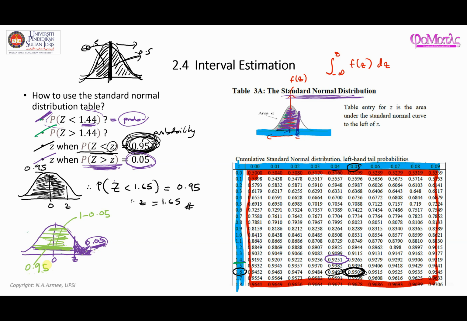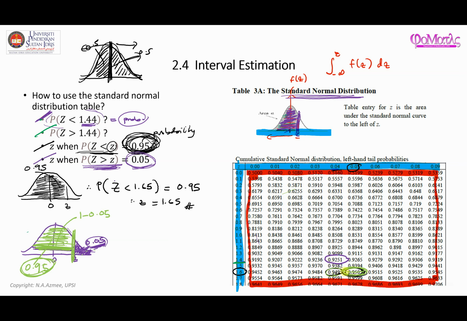So once you are able to get this value, which is 0.95, from this point to the left, you can read from the table. From the table, you can go on and find what is 0.95. You can take either this one or this one, because these two numbers are equally close to 0.95.